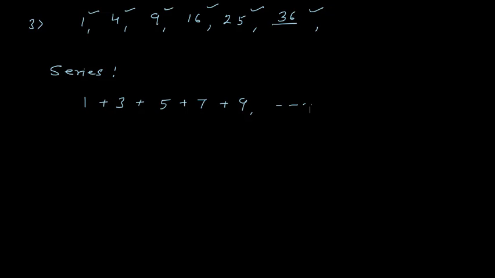For example, if I write 1, then 4, then 7, then 10, then 13, this list is an arithmetic progression.